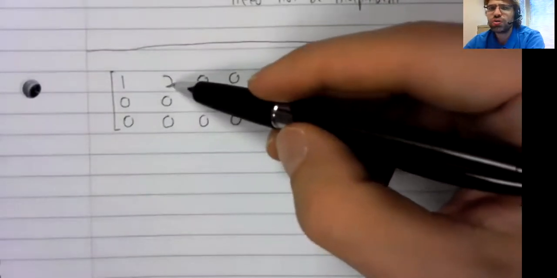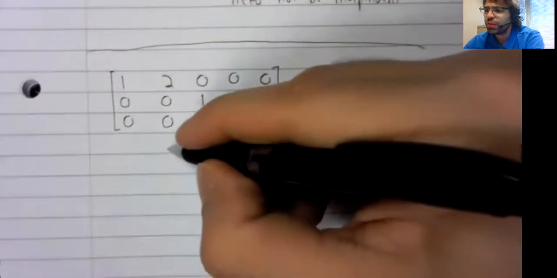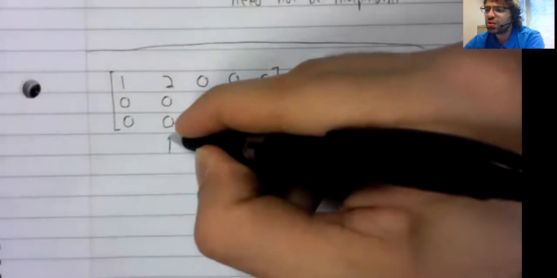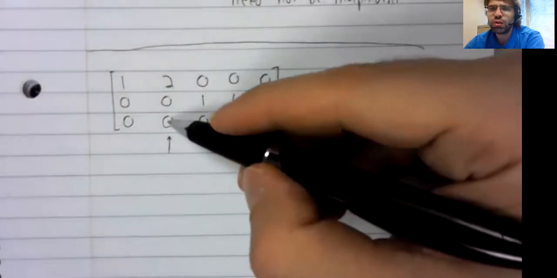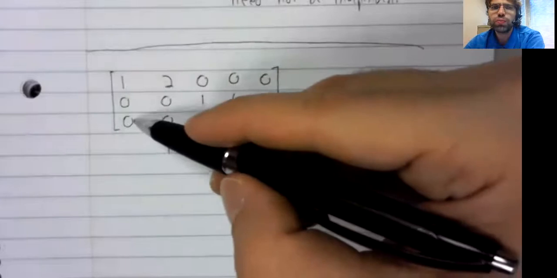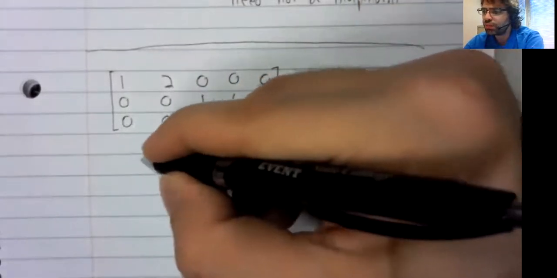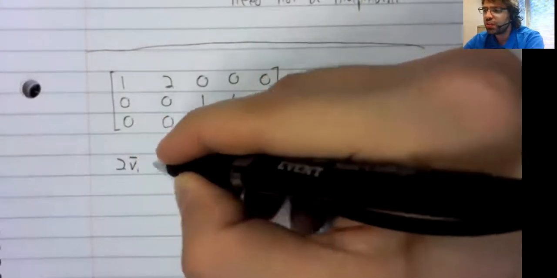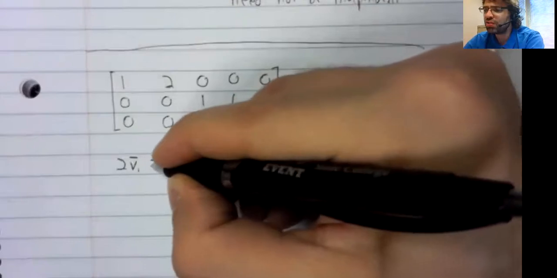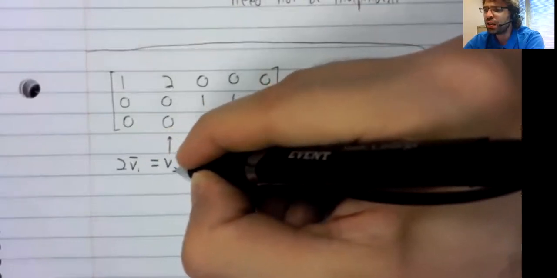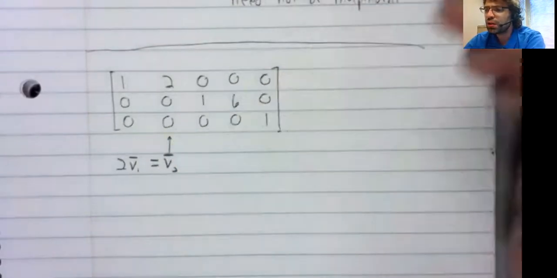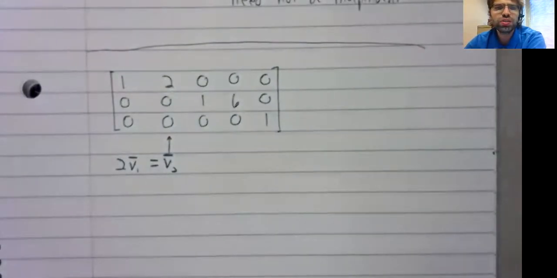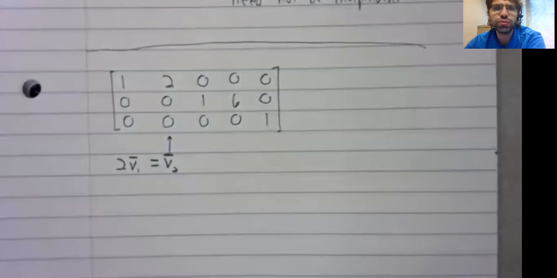We could observe that this second column is twice the first column. That is to say, if we call these columns V sub 1, 2V sub 1 equals V sub 2.